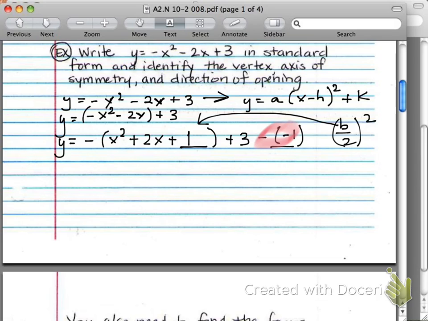Then I would add it to both sides, because if I do it to one side, I've got to do it to the other side. So I would add it to both sides, and then I would bring it back over here. And that's where the negative 1 comes back to. That's why this minus comes back. So if I put a negative 1 here, because that's essentially what that is, right? If I put a negative 1 here, I'll put a negative 1 here, and then I've got to subtract it back away. So that's why it is that weird setup.